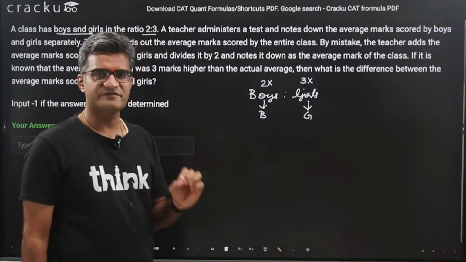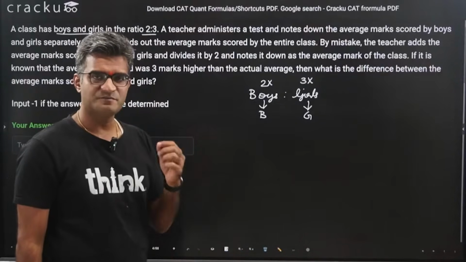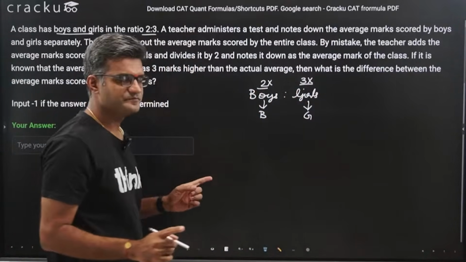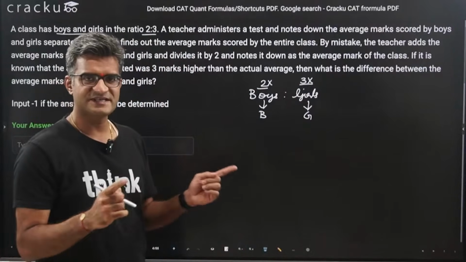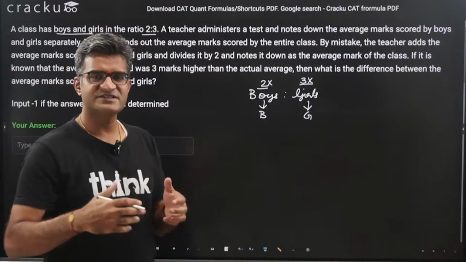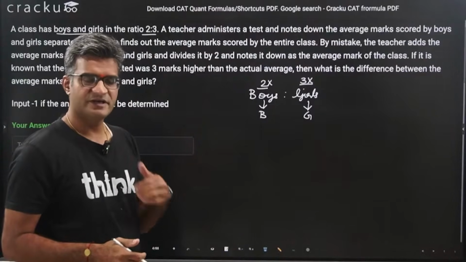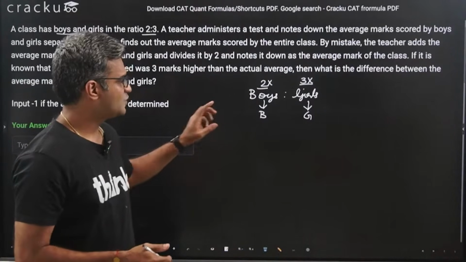We have to use the weighted average because the number of boys and the number of girls is not the same. If the numbers were the same, we could just average their averages. But because they are different, we have to use the weighted average.